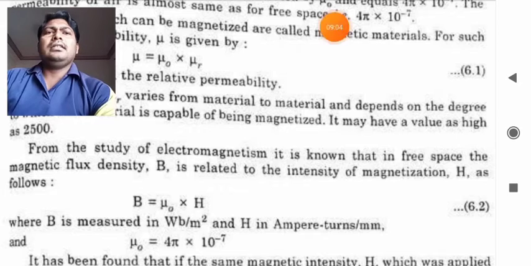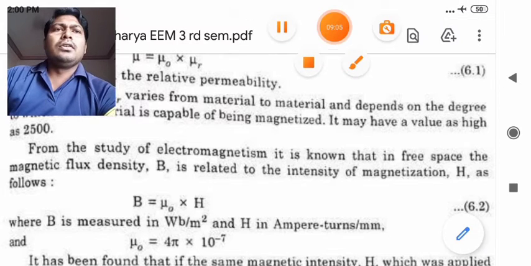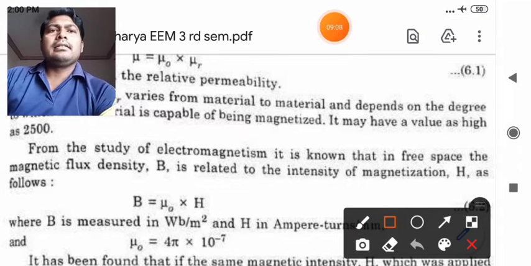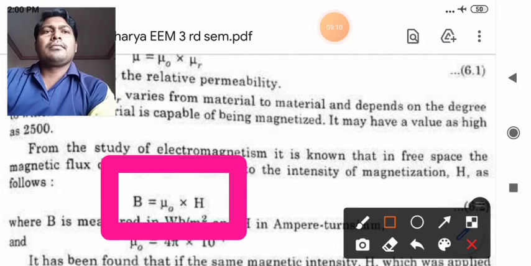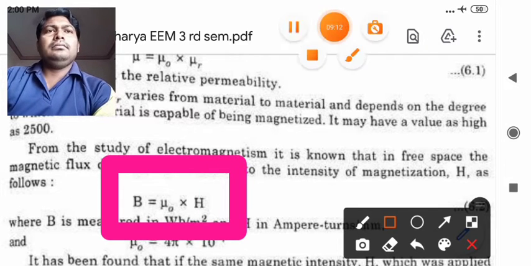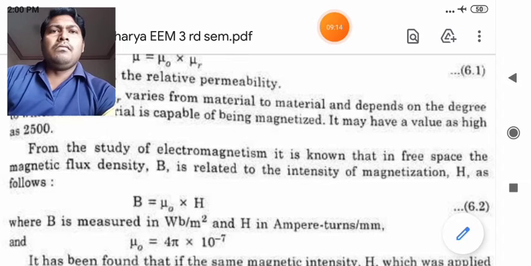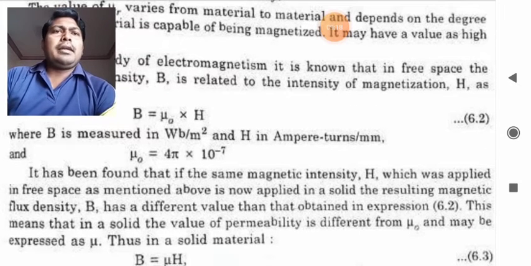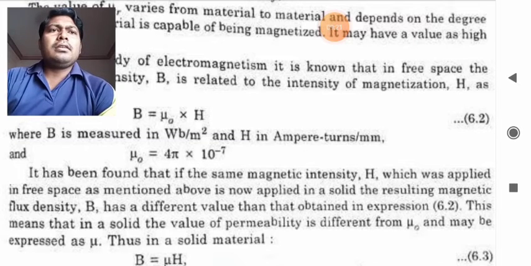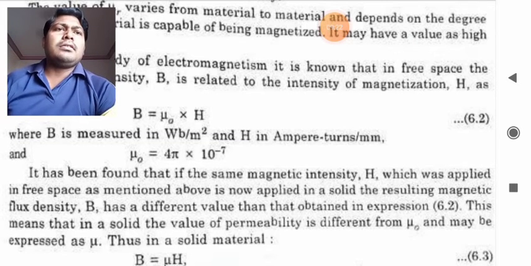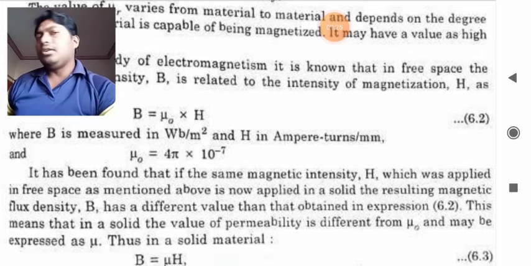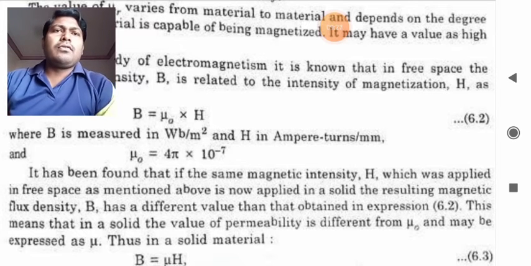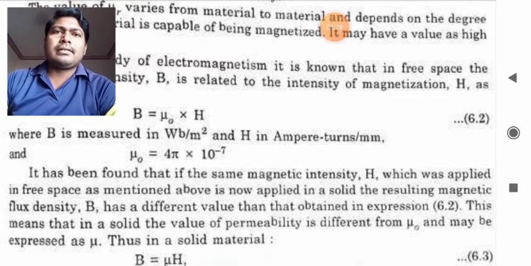B is equal to mu naught into H, where B is measured in weber per meter square and capital H is in ampere turns per meter. Mu naught is equal to 4 pi into 10 to the power minus 7.